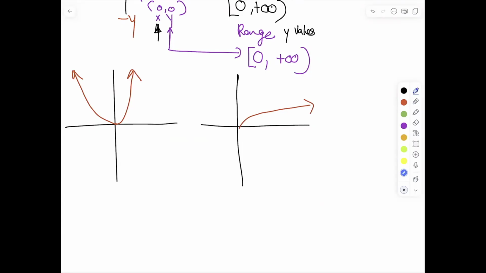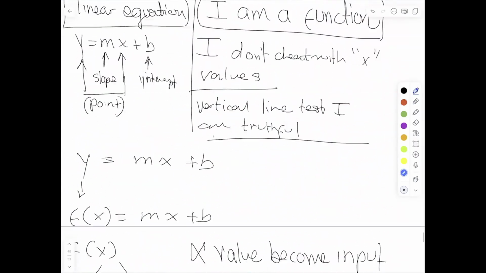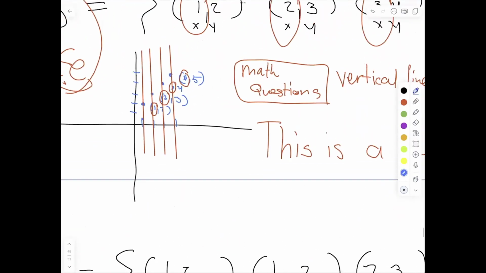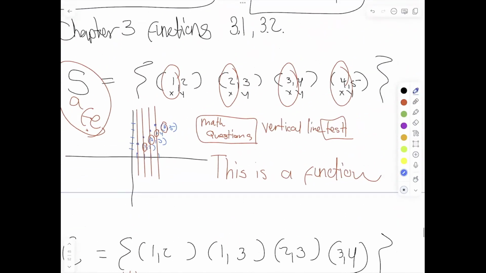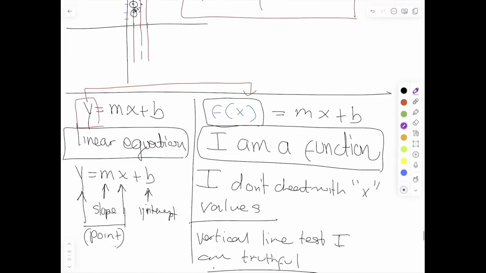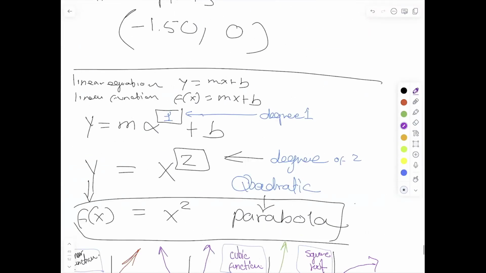What's the lie detector test we give functions? That was the first thing we did for functions. What did we call it? Vertical line test. That's right. It's a vertical line test.